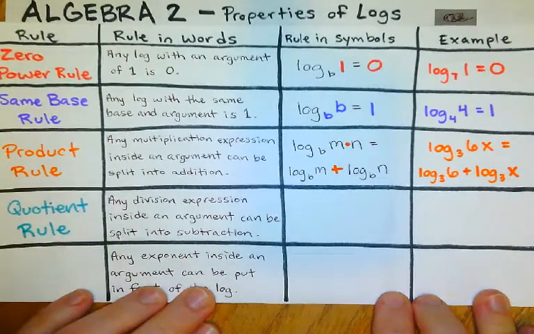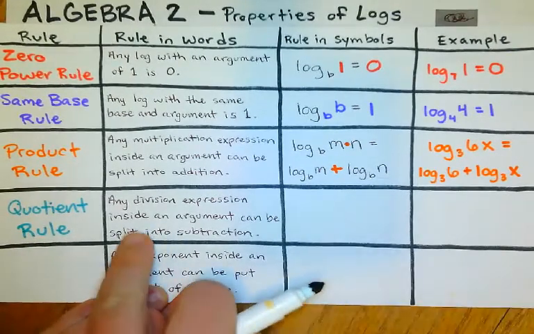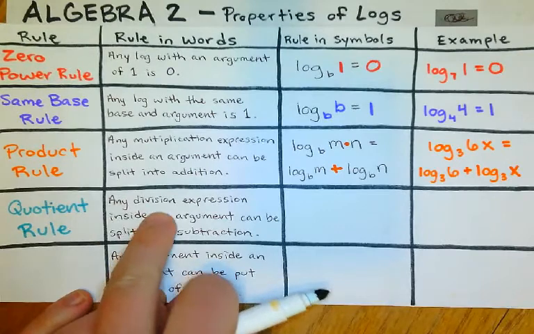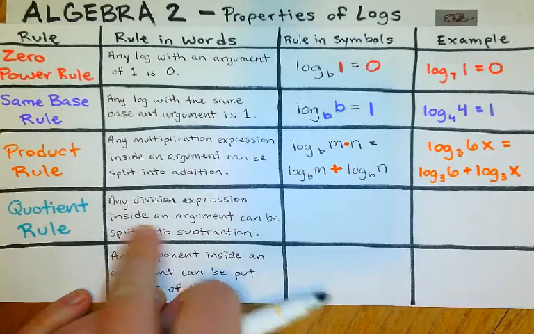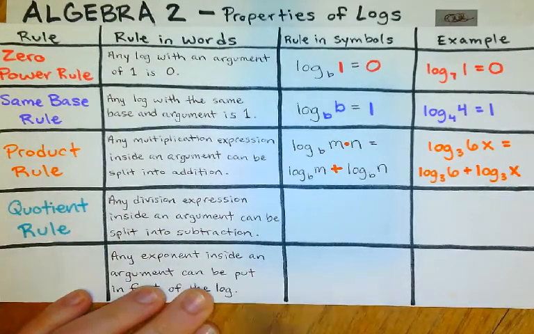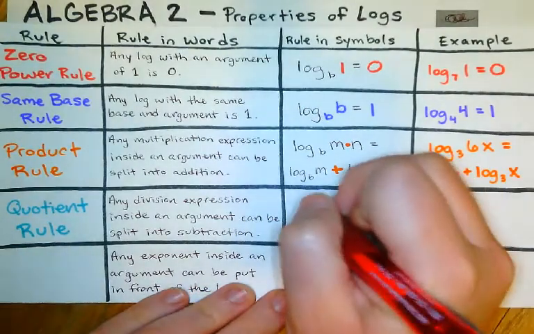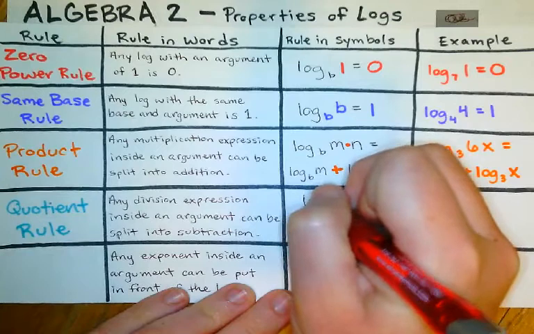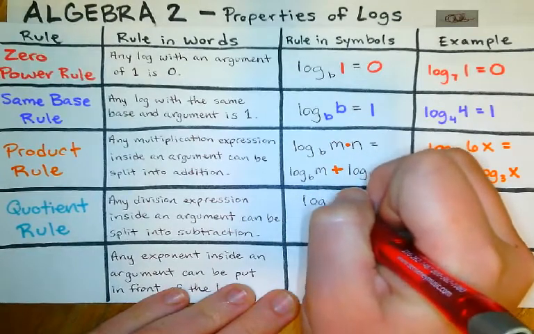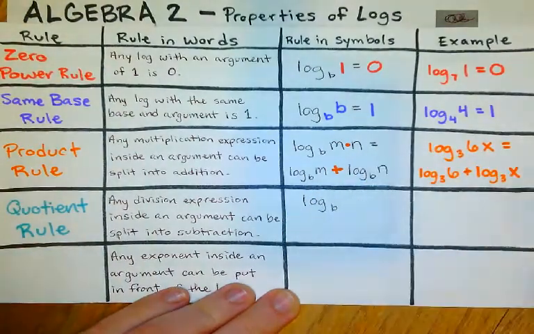Alright, so in the quotient rule, this is the same idea, but any division that we see inside an argument, we can now split into a subtraction of the logs. The way we're going to see that is if we have in symbols log, and again I'll just use base b, and I'll use the same letters m and n.